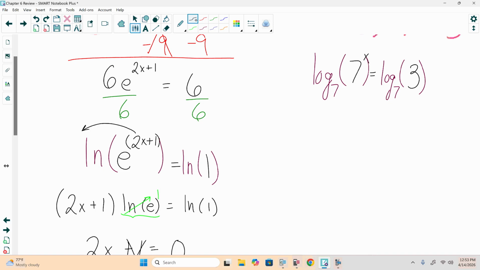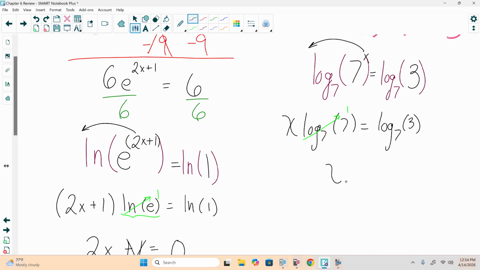And the reason we're applying a log in doing this is to get this variable out of the exponent. The power property of logarithms says we can move the exponent to the front, telling us that log base 7 of 7 to the x is the same as x times log base 7 of 7. And well, log base 7 of 7 is 1.